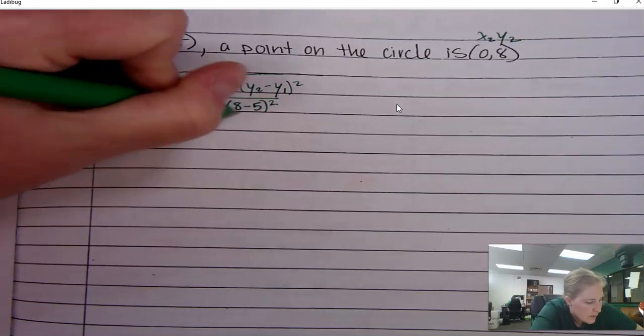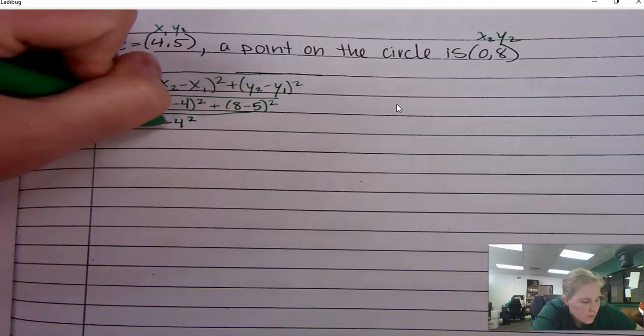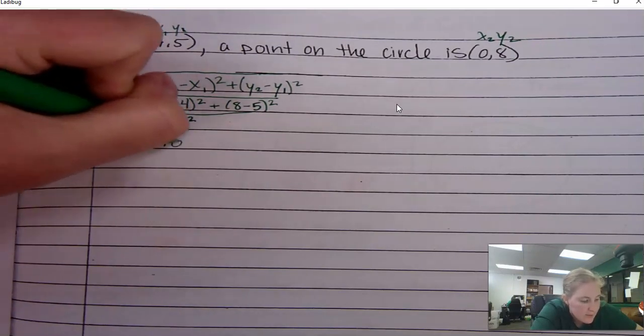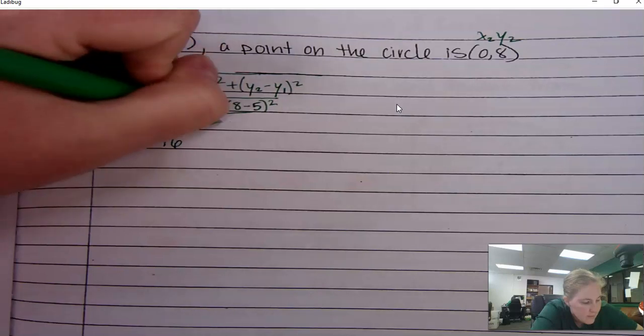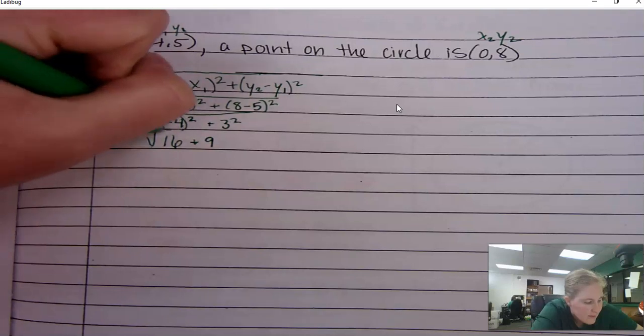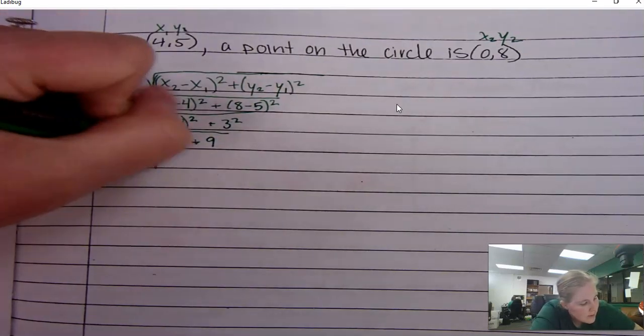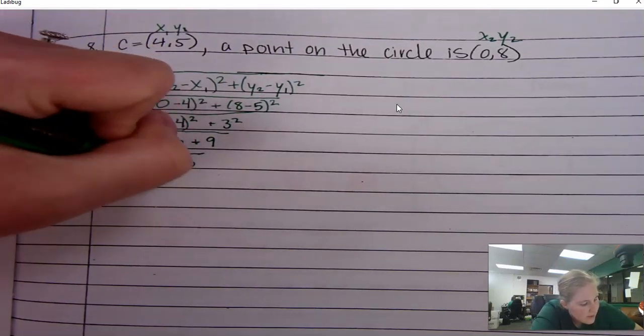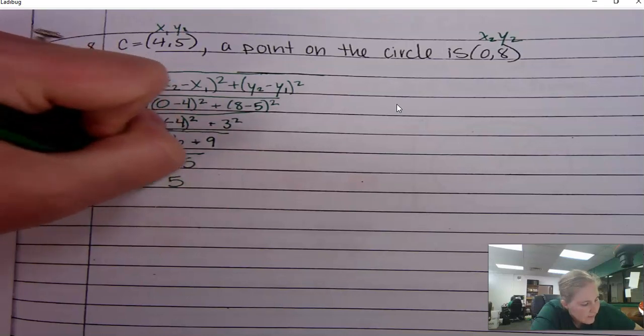And then you get 4 squared, which is 16. And this becomes negative 5 squared, so 25. Remember, when you are squaring a negative, negative times negative is positive. So we'll end up with the square root of 41.